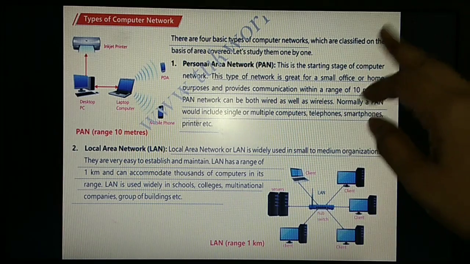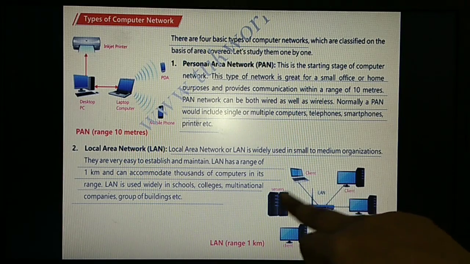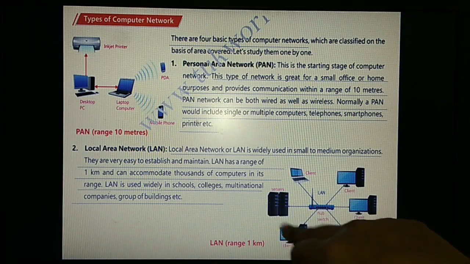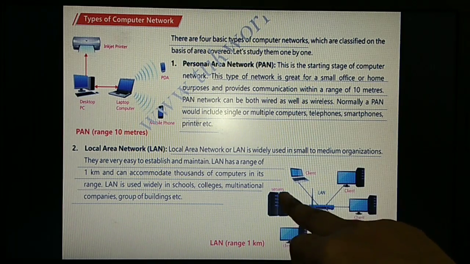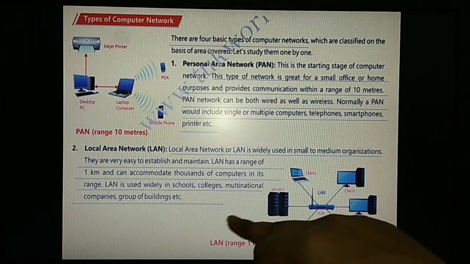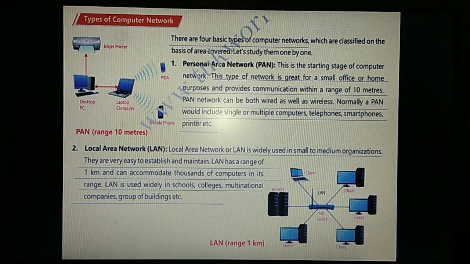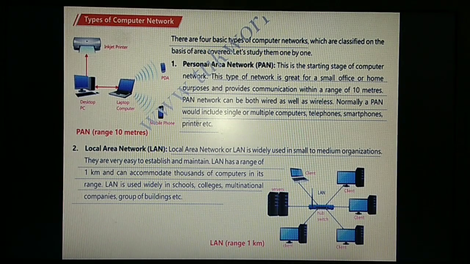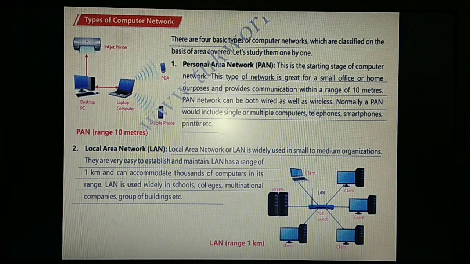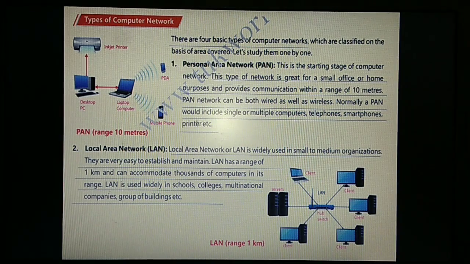The server gives the signal and gives the work to the client computers, and only then will these computers work. Once the server is corrupted, the whole set of computers gets corrupted, the whole network gets corrupted. So which architecture is this referring to? It is referring to client-server architecture.